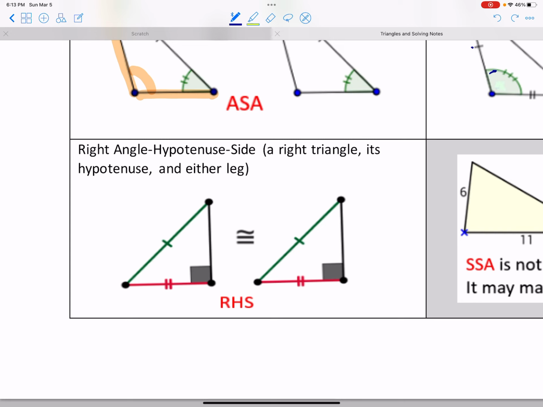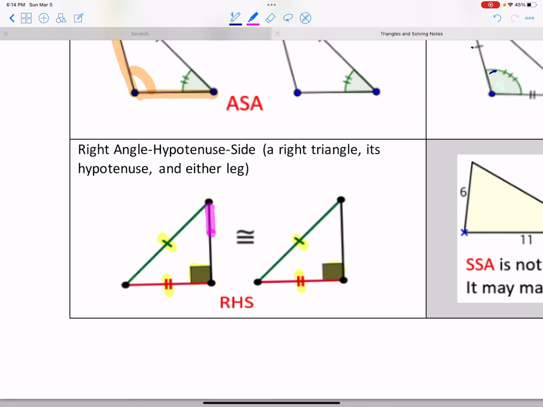So this is saying if we have a right angle, which means we have a right triangle, and we know its hypotenuse is congruent in both, and then either one of the legs, but it's corresponding, so I have a leg here congruent to a leg here. Knowing those 3 components guarantees these triangles have to be congruent.